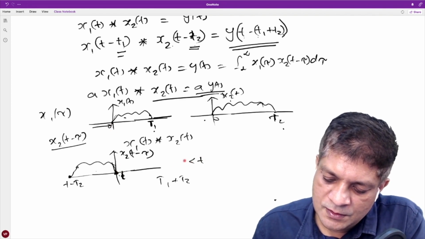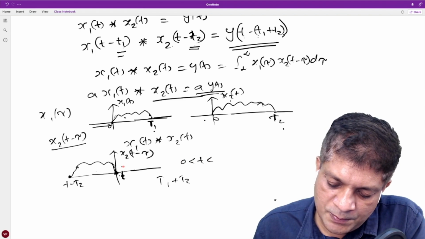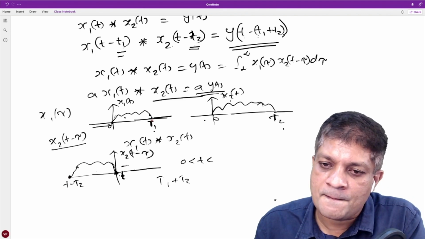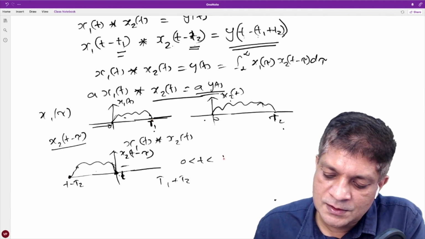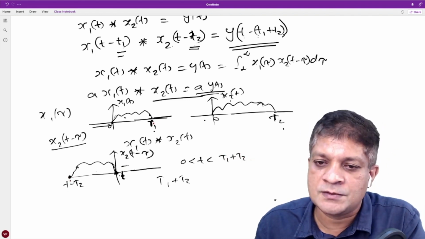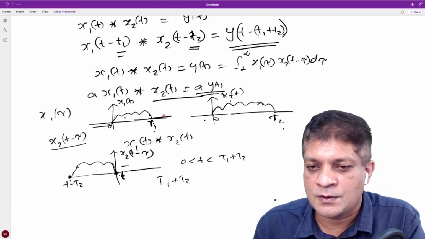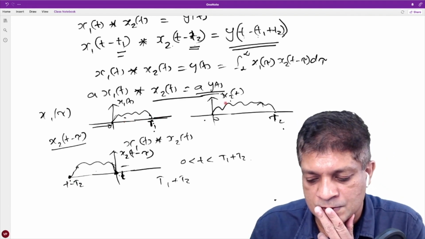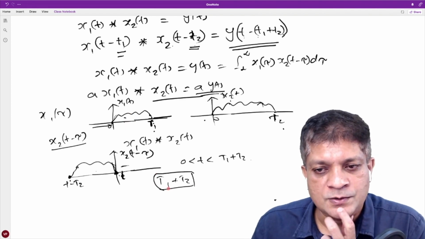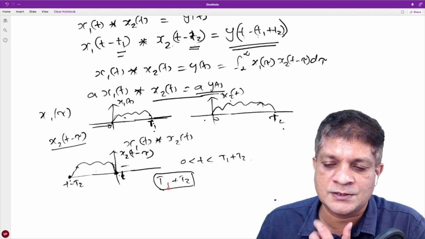If we keep on moving this towards the right, where will the overlap end? Until t - T2 reaches T1, that is t equal to T1 plus T2. So the duration of the convolution of these two signals is T1 plus T2. So can we say that the convolution of two finite duration signals is always a finite duration signal?